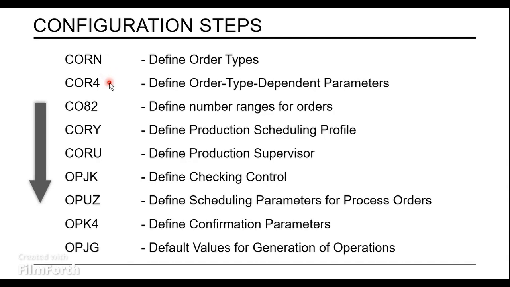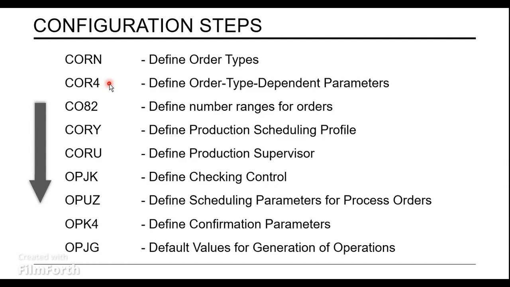And then we have the order type dependent parameters. Here we use the transaction COR4, and this will be based on the plant and the order type combination. Let's say in your business scenario, you want to have two different process order types, let's say PI01 and PI02.